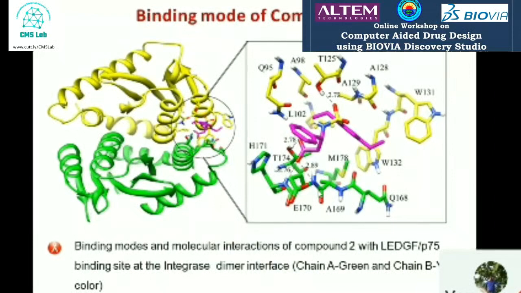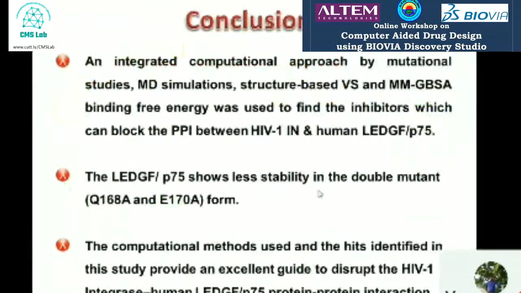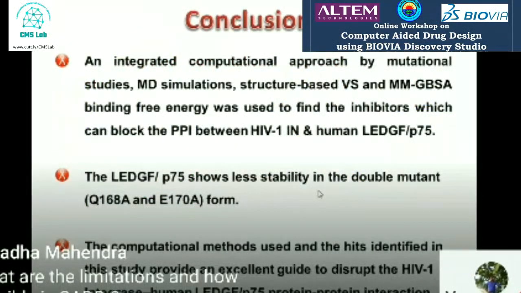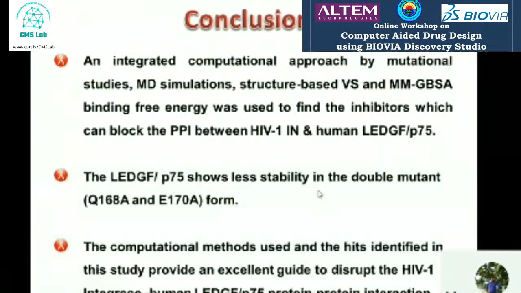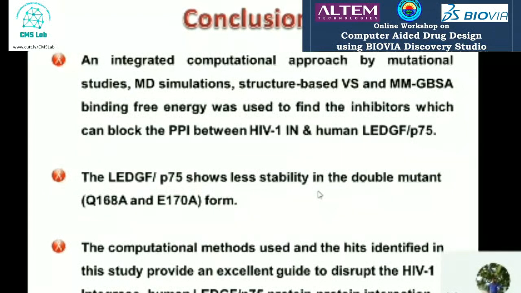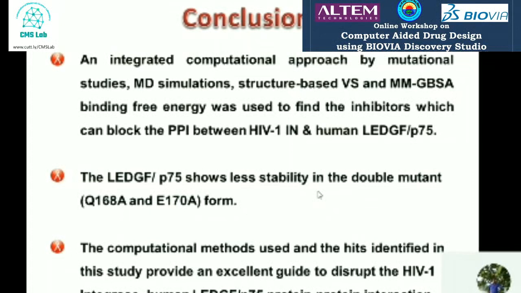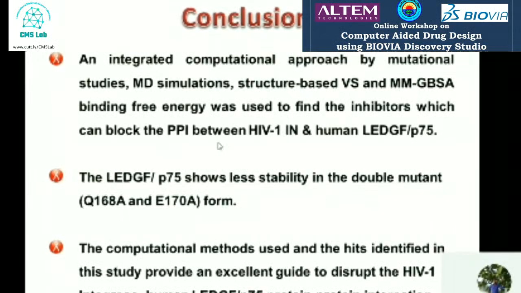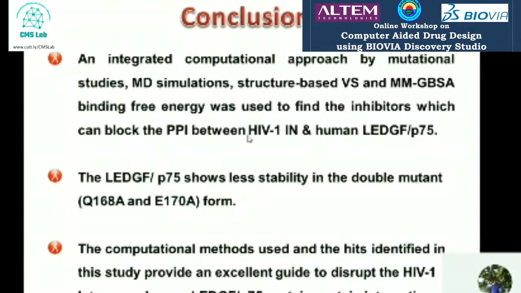So that shows that using this integrated approach, with mutational studies, MD simulations, structure-based virtual screening, and MM-GBSA binding free energy, we identified molecules that can block these protein-protein interactions. It may not be very successful for all protein-protein interactions, but in this case, this is one of the good studies. We collaborate with experimental groups, and they are continuing these studies further.